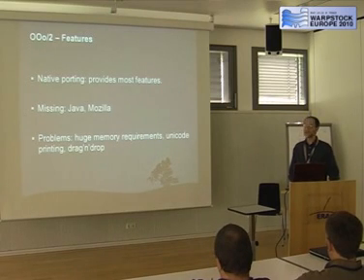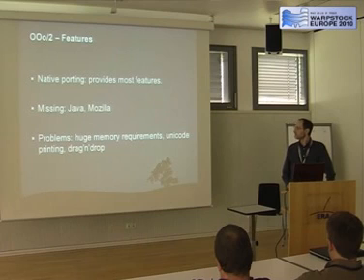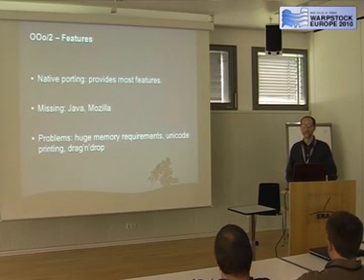Okay, the native port gave us a few problems. The first problem, which many people have, is the huge memory requirement. Huge memory because the OpenOffice libraries, I mean the DLL code, many of these libraries are really big.